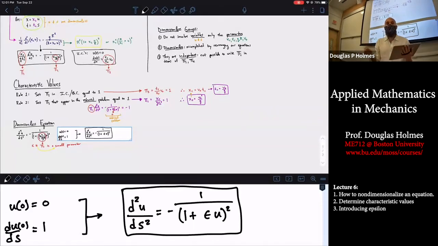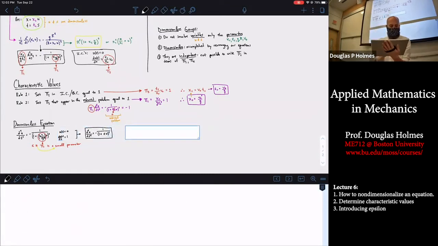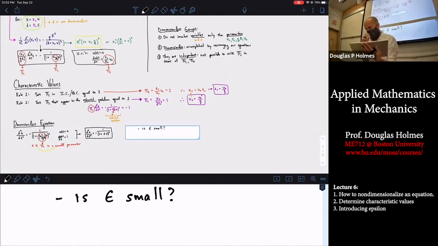That's all well and good, but we should probably check that all the assumptions we made in deriving this equation are accurate, and that epsilon is actually a small parameter. So, is epsilon small? Well, what's epsilon? Epsilon is v naught squared over g r. So r is the radius of Earth.